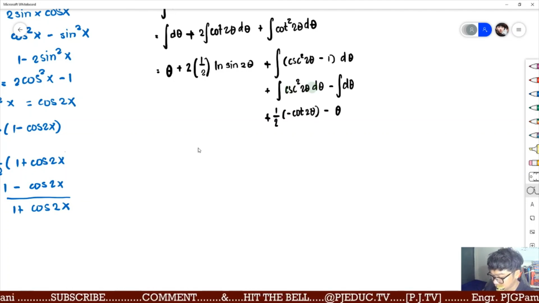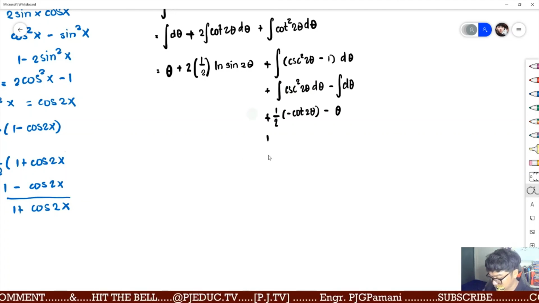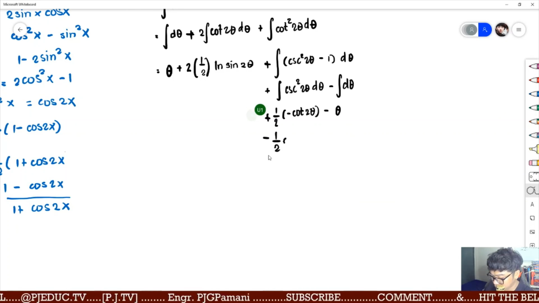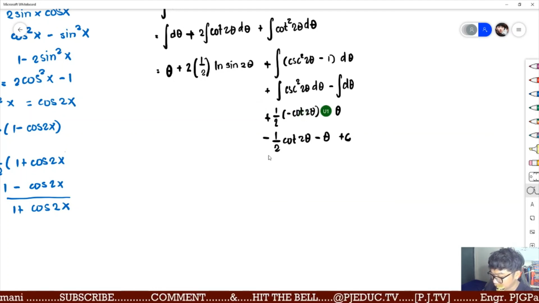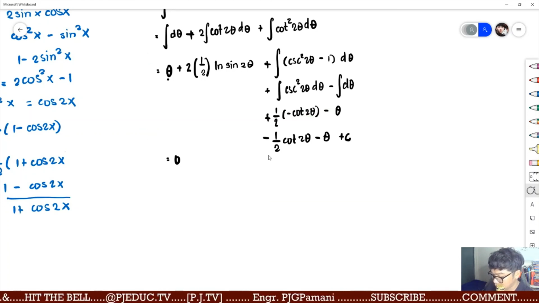Or simply, that is now what? Negative 1/2 cotangent 2 theta minus theta plus c. Simplify, theta minus theta cancel.